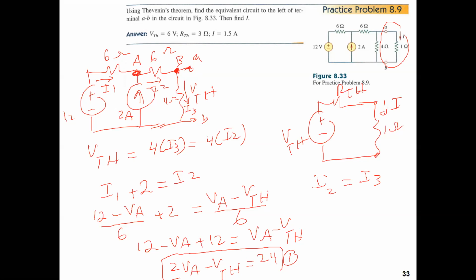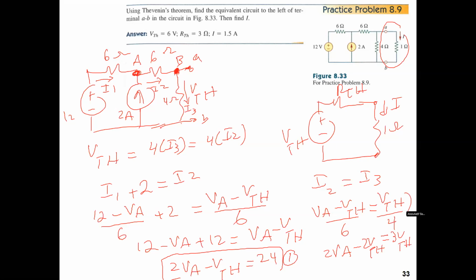So I2 will be VA minus VTH over 6, equal to I3, which is VTH minus 0 divided by 4. Multiply by 12, and we have 2VA minus 2VTH equal to 3VTH.